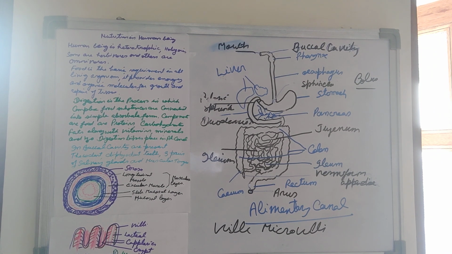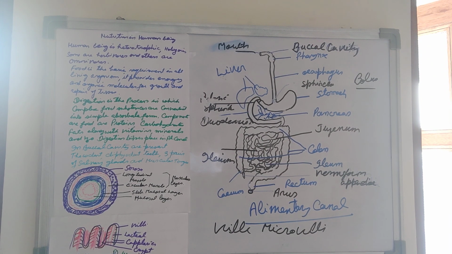Milk teeth are called the temporary teeth. The replaced teeth are called the permanent teeth. Such a type of teeth arrangement, when 2 sets are formed and 1 set is replaced by the other permanent set, is called diphyodont.